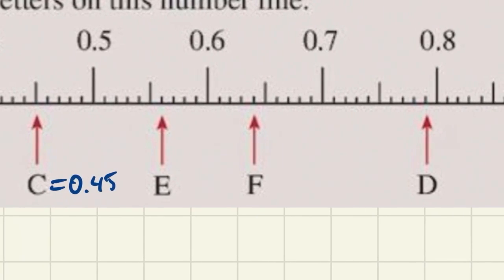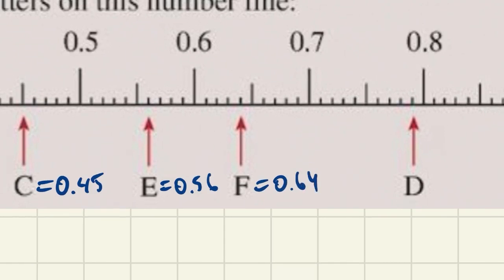E is going to be, so we go 0.5, 0.51, 52, 53, 54, 55. Finally, we get to 56. E is 0.56. F, 0.61, 62, 63, 64. F is 0.64.